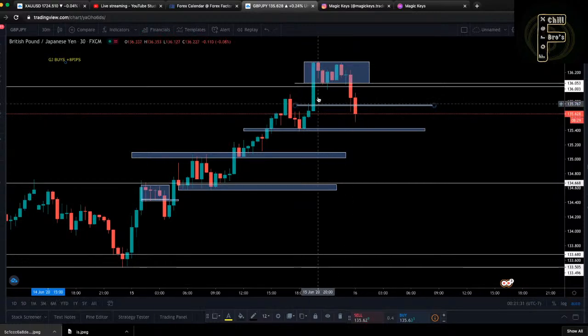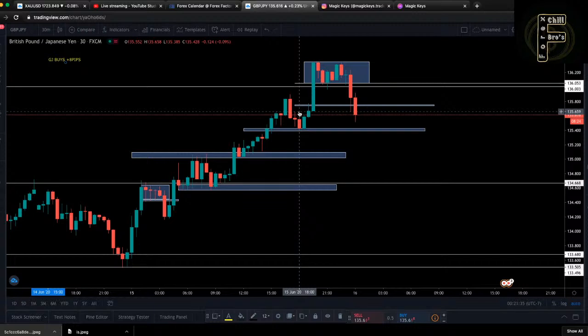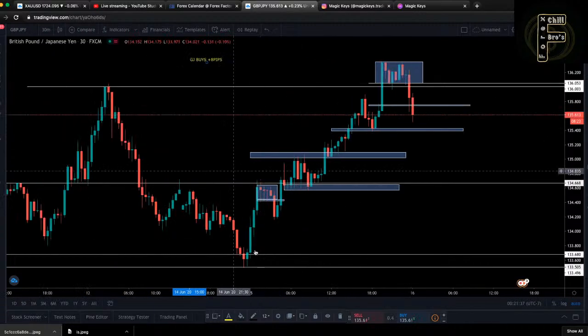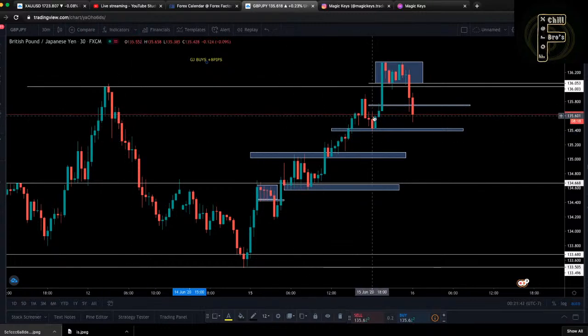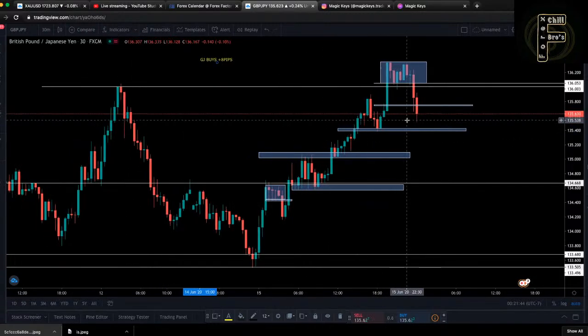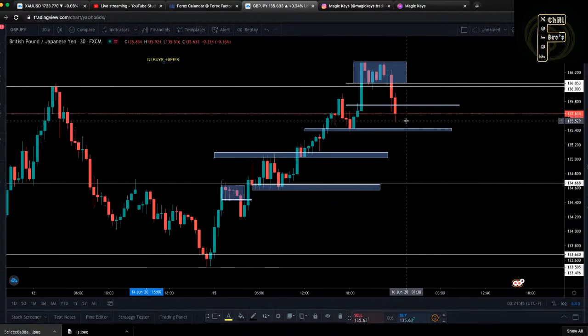I don't like seeing wicks, but when I see candles like this, I'm usually happy because that's clean traffic. We're just going to be heading all the way down. I'm not really a big fan of wicks, but I know it's going to reject and bounce, but it's still going to go your direction.